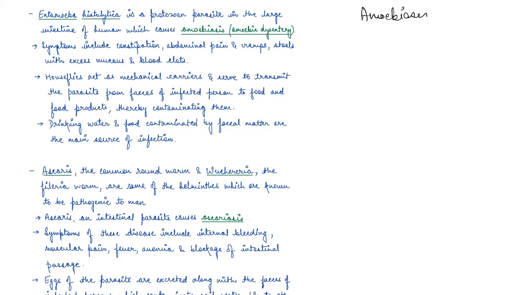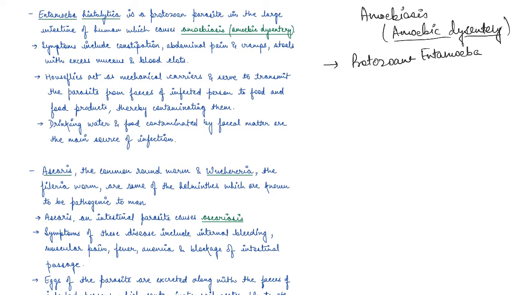Amoebiasis, also known as amoebic dysentery, is the disease caused by again a protozoan. Name is Entamoeba histolytica.